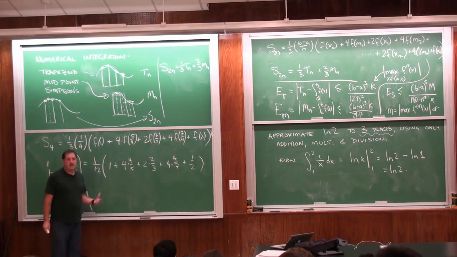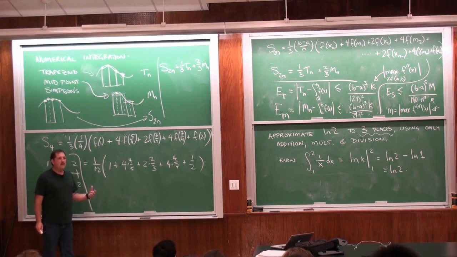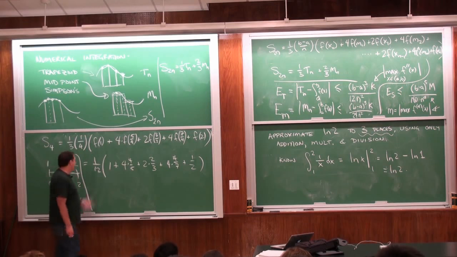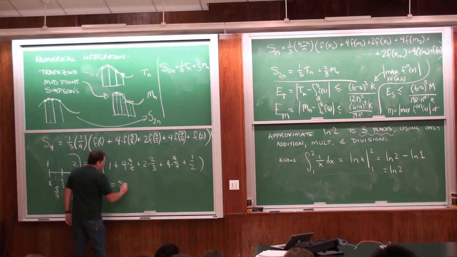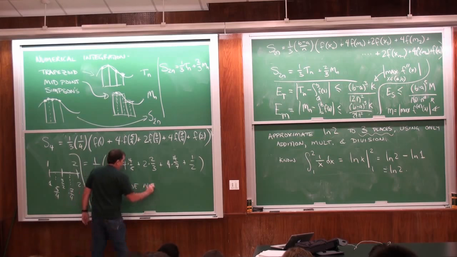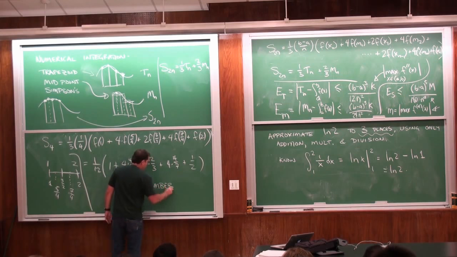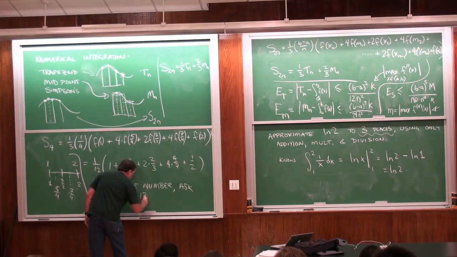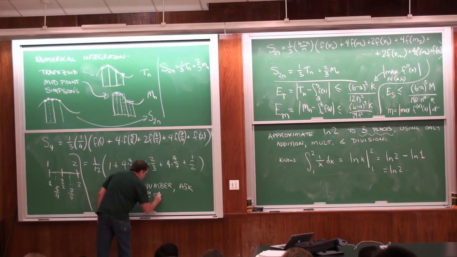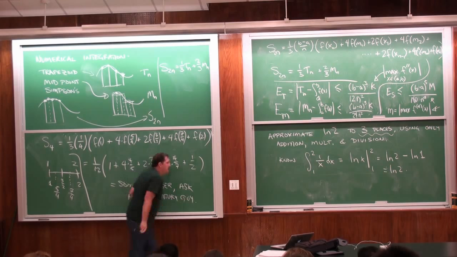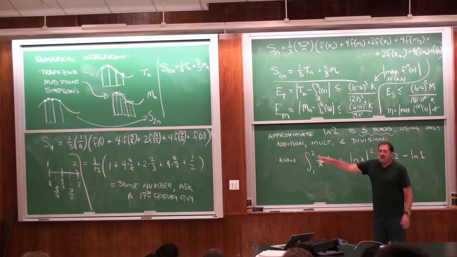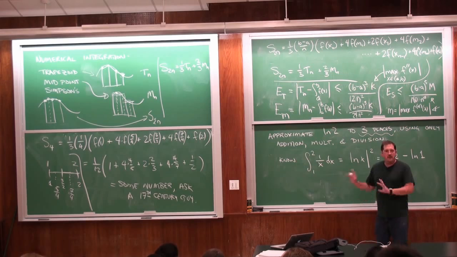Because my function is 1/x. So that's right. And then this is some number. So, you can do this arithmetic. I will blow it, so I'm just going to stop it.